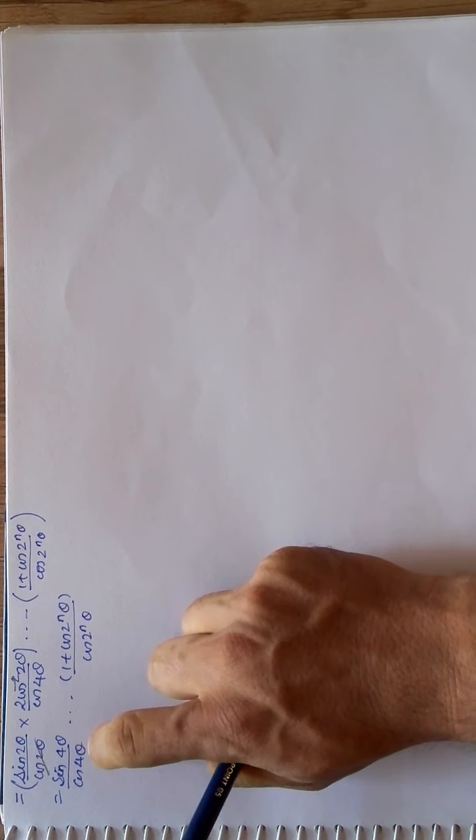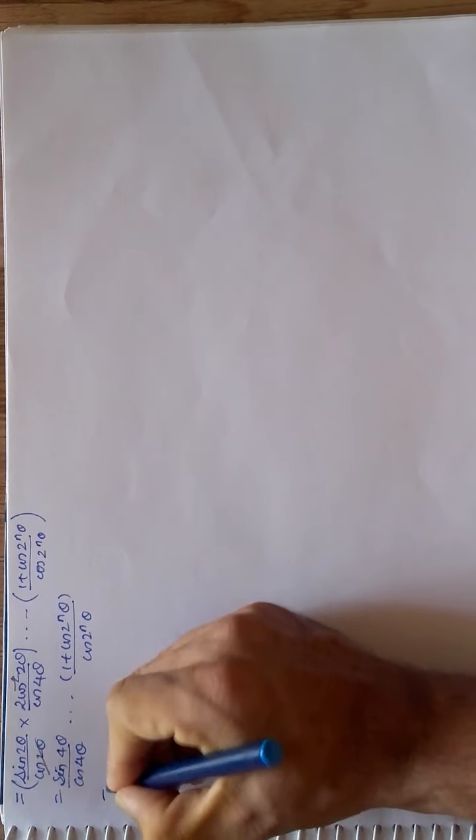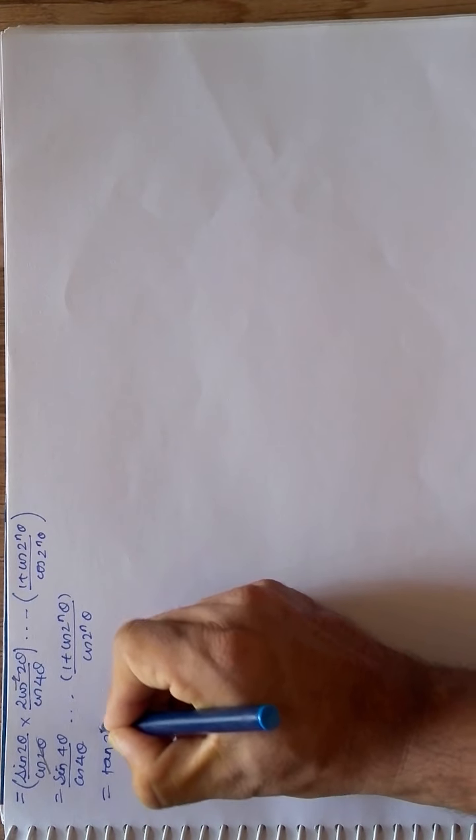Proceeding in this way, you can see everywhere I got tan: first I got tan theta, then tan 2 theta, then tan 4 theta. That means the final result will be tan 2^n theta. Agreed? This will be your final result, in which you are expected to find the function of pi by 16 and the value of n is 2.